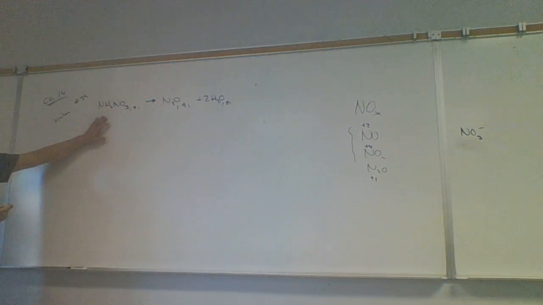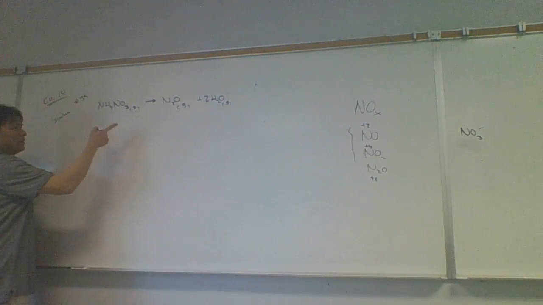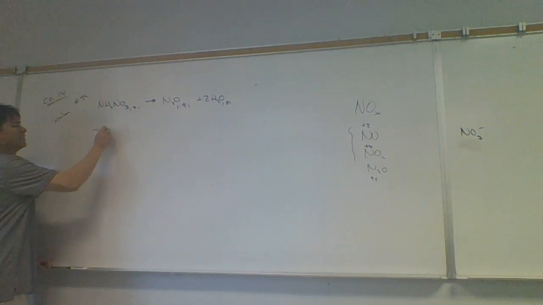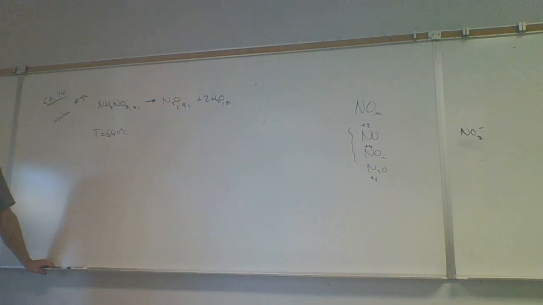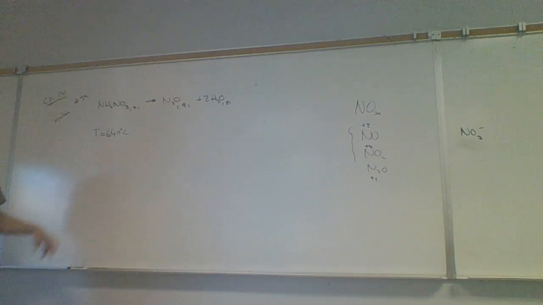All right, let's go back to this. So this reaction happens, and let's say, just as an example, the temperature was at 640 degrees C. And let's say, let's go with 50 liters of gas.